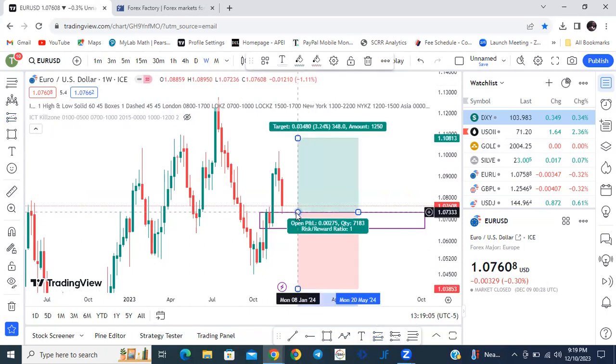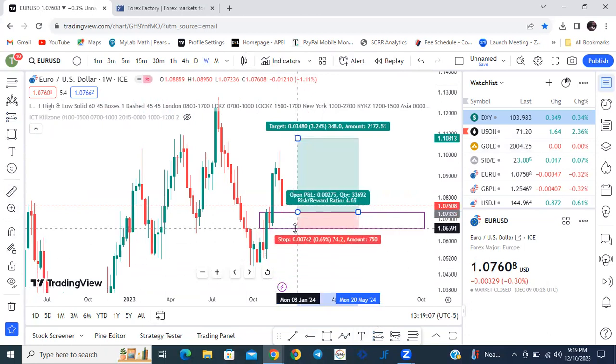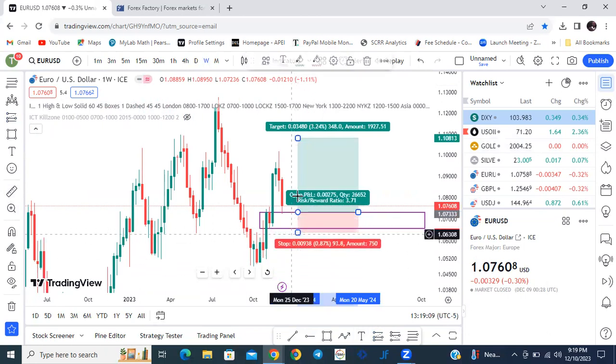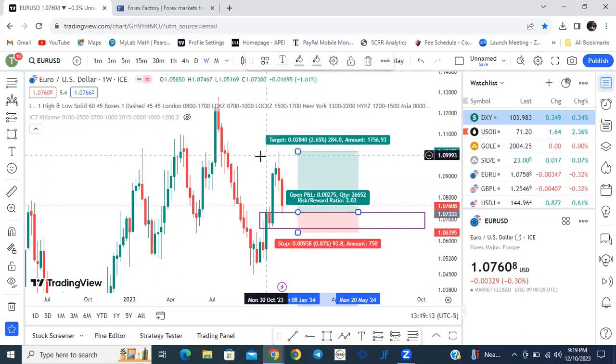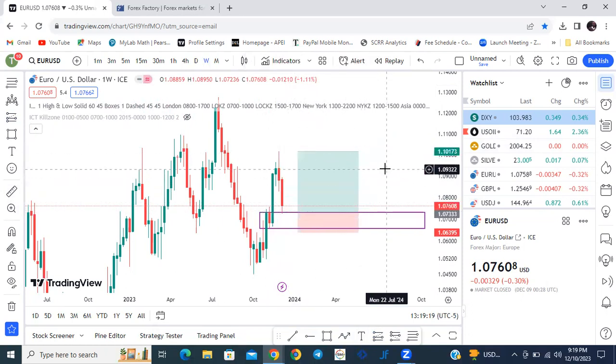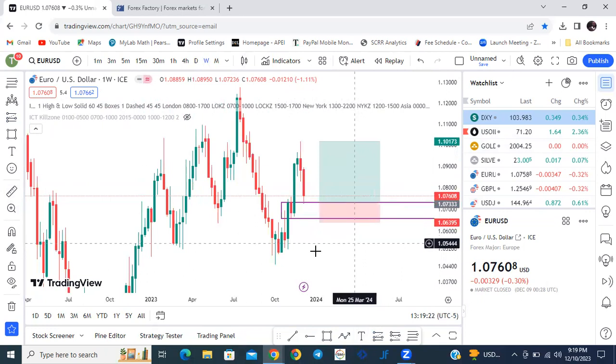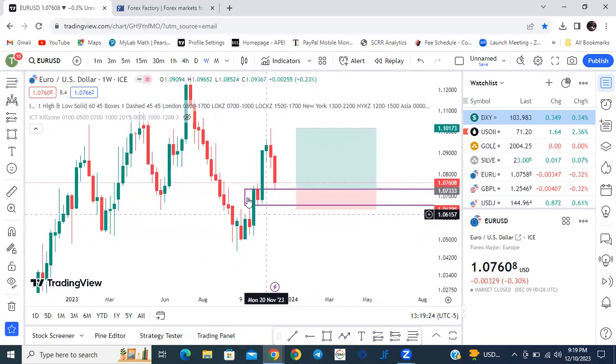If the price is going to respect that bullishness, probably we might anticipate the price to come all the way to this level. That is a risk to reward ratio of 1:3. But we want to see how the market opens.